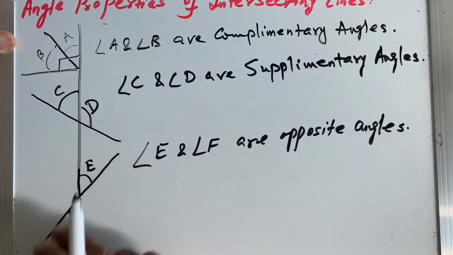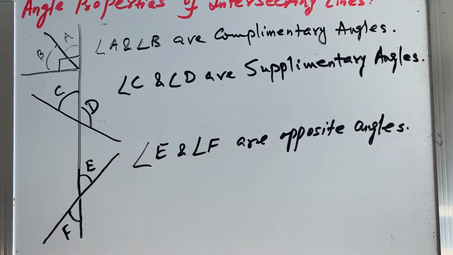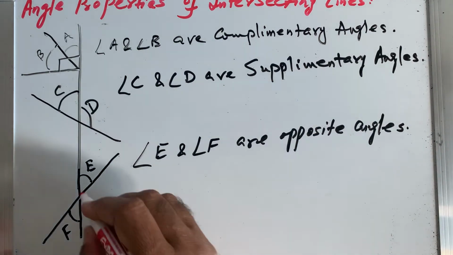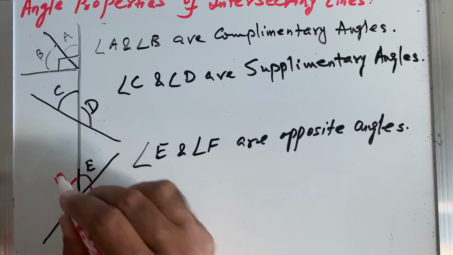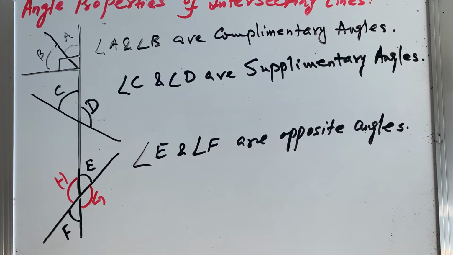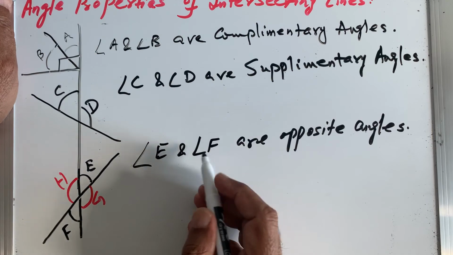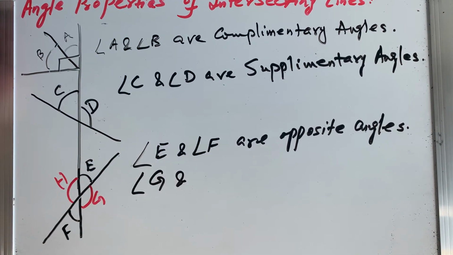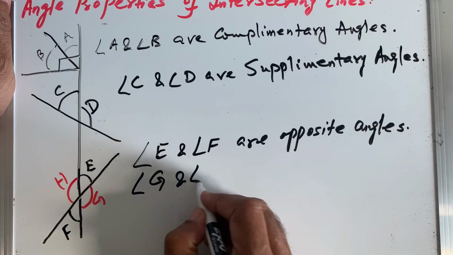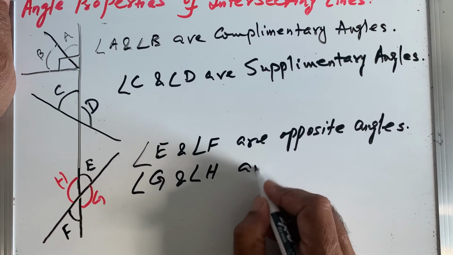So if E and F are equal, then for sure the other two opposite angles, if I write G here and H here, that means if two lines are intersecting each other, the opposite angles are equal. E and F are equal, and angle G and angle H are equal.